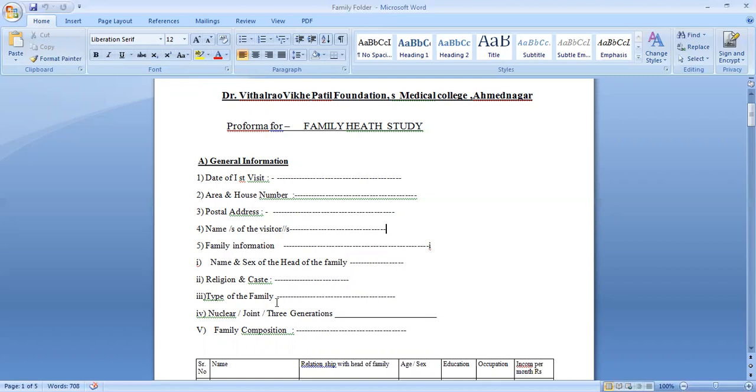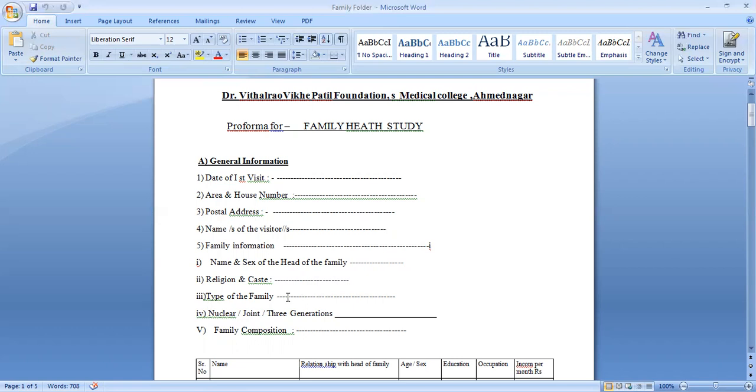Then you have to inquire about the religion and caste of the person, because there are certain prevailing customs common in certain religions regarding food habits, and various other day-to-day activities are different in different castes and religions. So there is importance of religion and caste in studying the family.